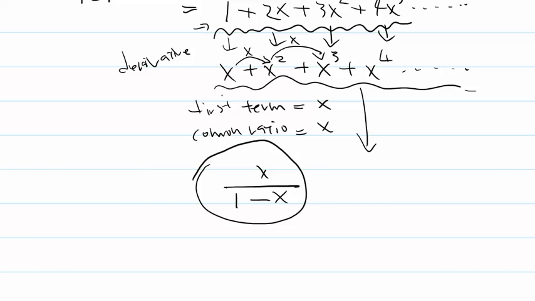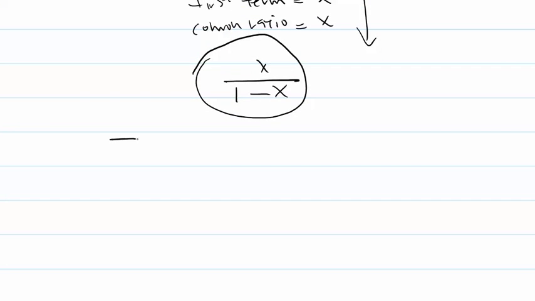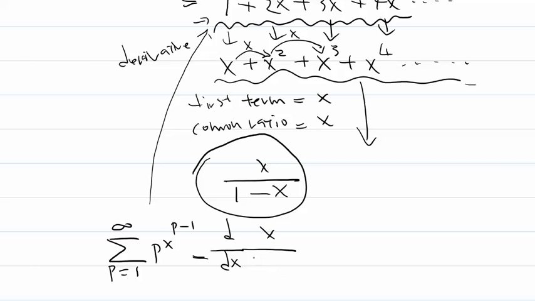So we want to go back to what we're trying to find in the first place. So the sum of p times x to the p minus 1, which is this thing, will equal the derivative of x over 1 minus x.